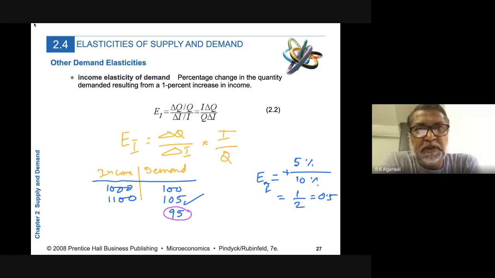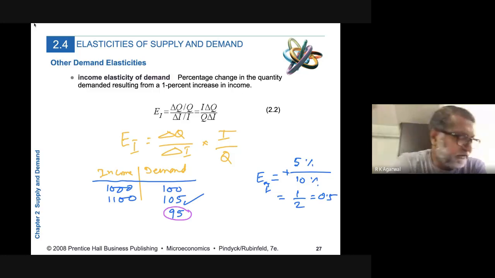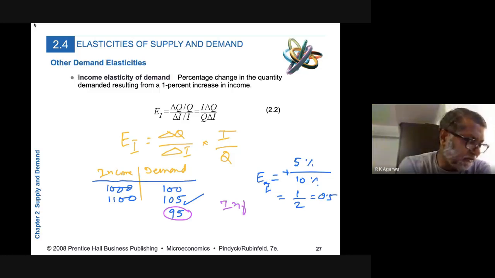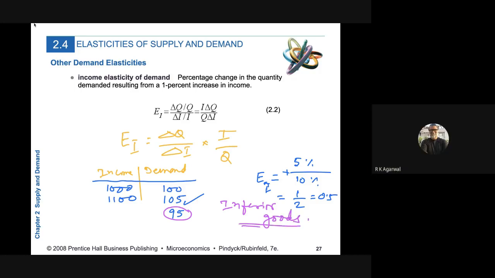Likewise, when your income was less earlier, you were using inferior quality grains. But as a result of the increase in your income, you may shift from inferior quality grain to superior quality grain, and therefore the demand for inferior quality grain will fall. Such goods are called inferior goods.